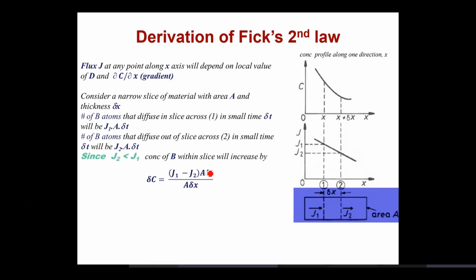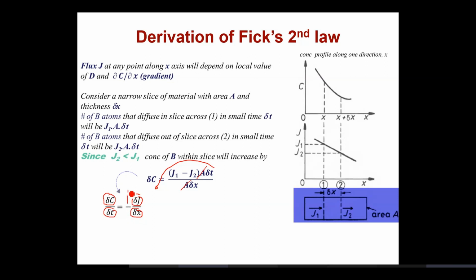And if you look at this expression, you can cancel area with area, and you can take delta T onto this side. So you'll have an expression which says that small change in concentration with regards to small change in time is essentially equivalent to change in flux divided by change in the distance.